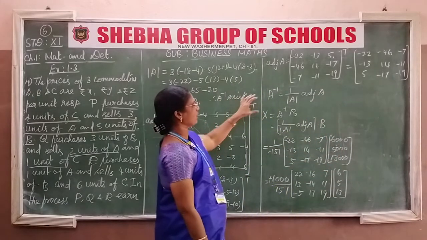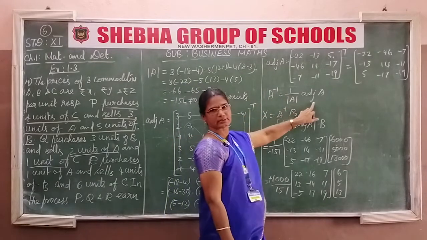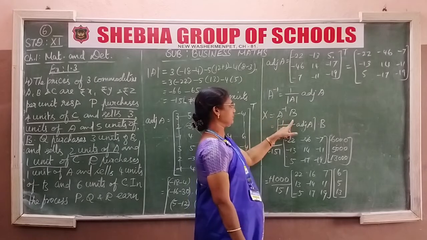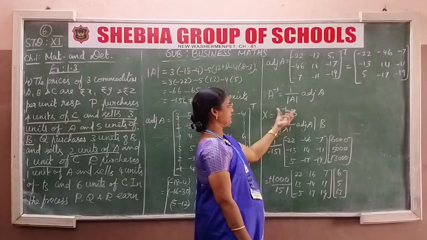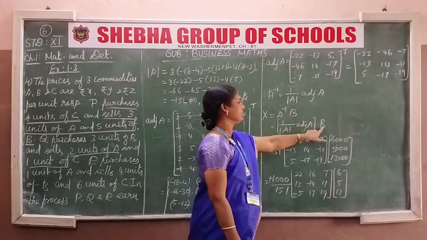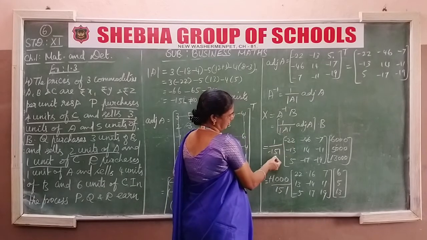Next write the formula for A inverse. A inverse equals 1 by determinant A into adjoint of A, and our solution is x equal to A inverse B, isn't it? Instead of A inverse we use this formula, right, and then B. Next, substituting the determinant A value, minus 151.